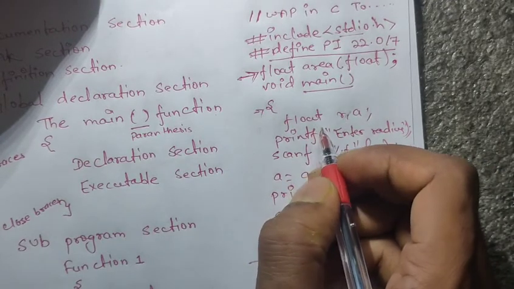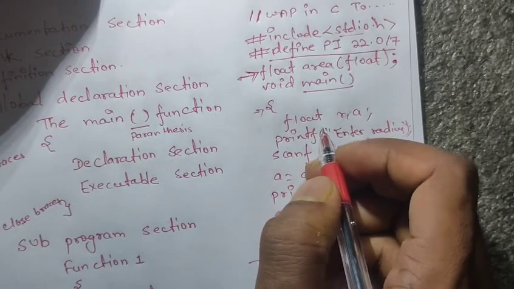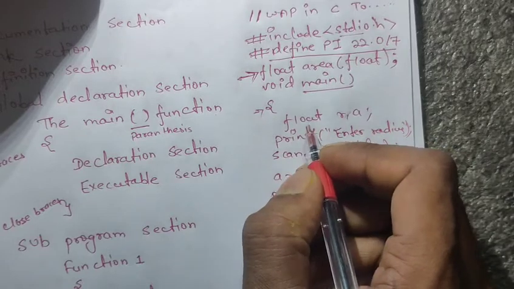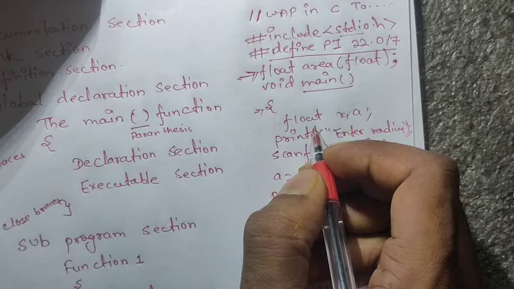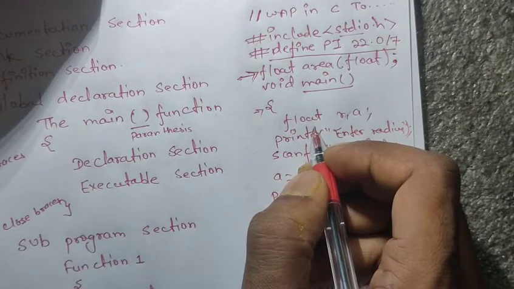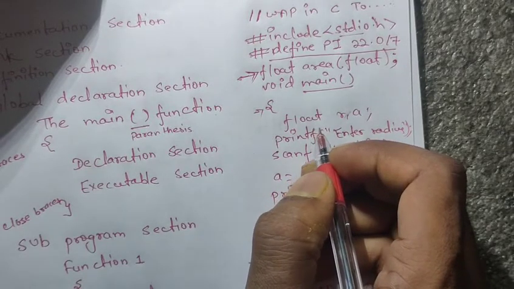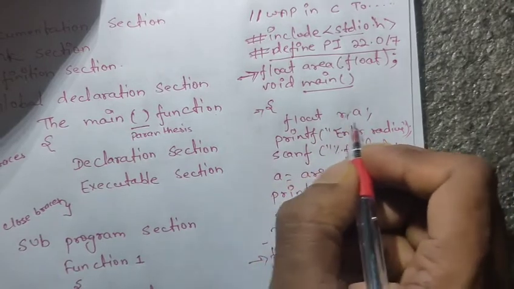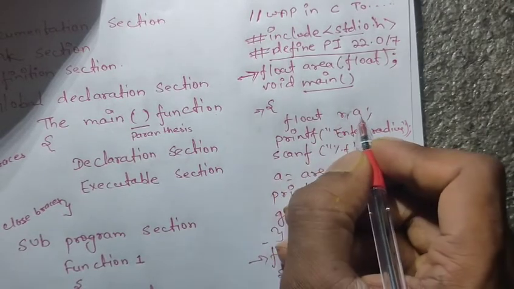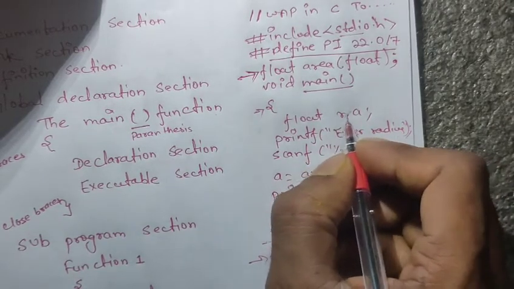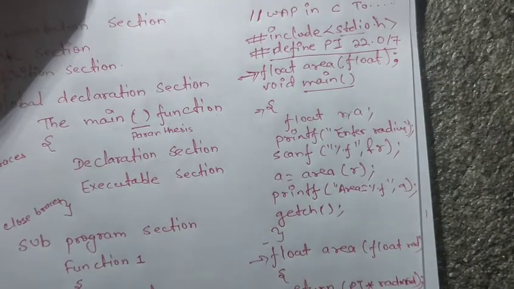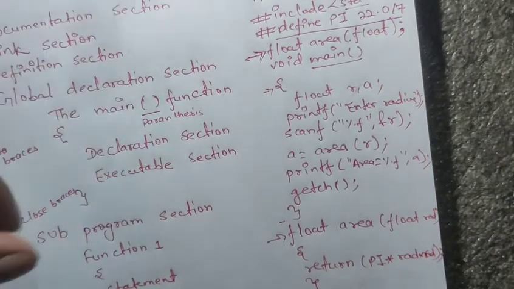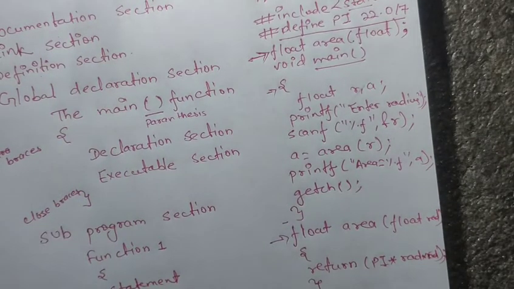Float is a data type; in the last video we saw this. Float holds decimal values like 1.1, 2.2, 3.3, such things. Okay, so we are declaring two variables, r and a. Everything you can see here is in small letters, because in C programming you must write in small letters.